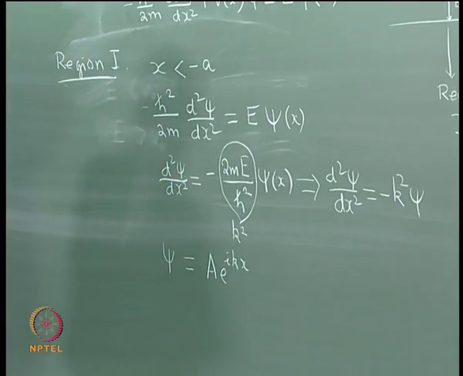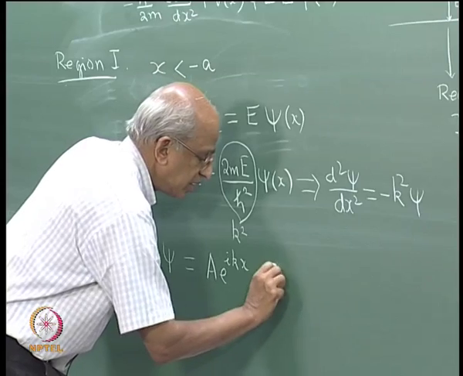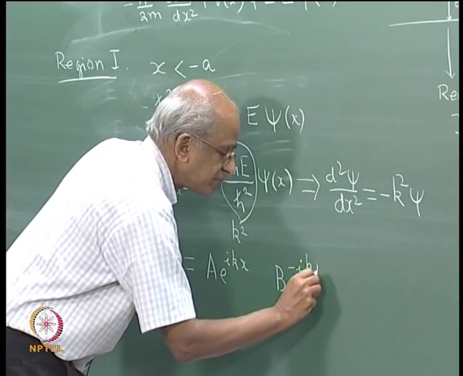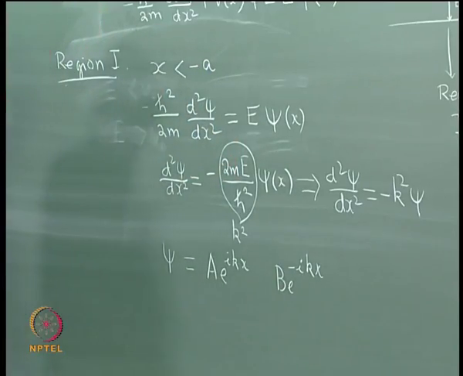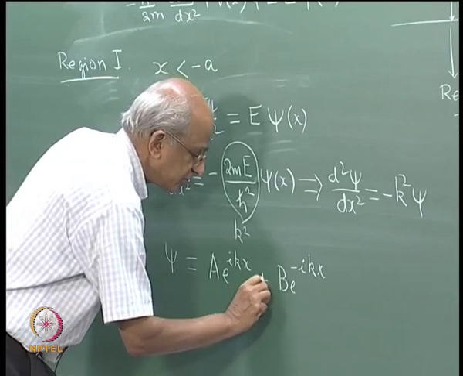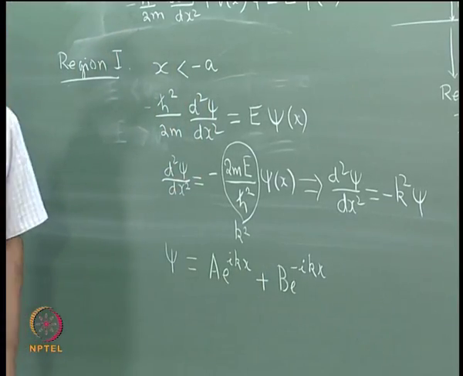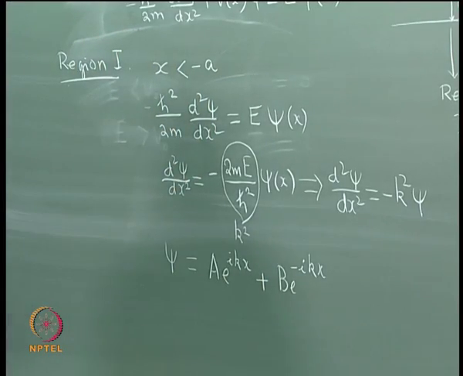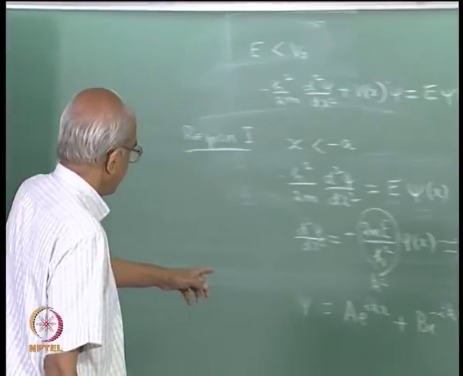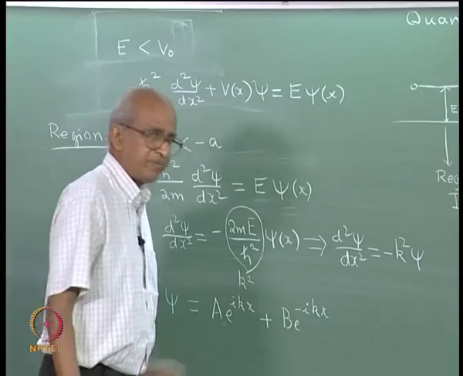There is also another possible solution which is B e to the power of minus ikx. And in fact, you can easily verify that even if you took a linear combination of these two, it still satisfies the same equation, and therefore the most general solution to this equation has this particular form.